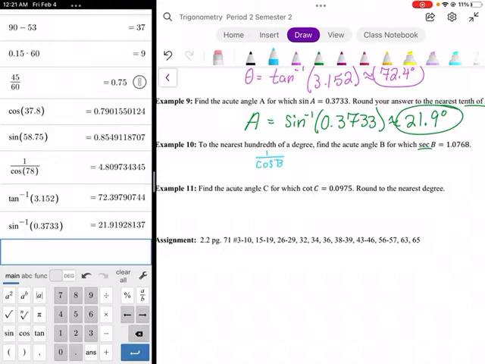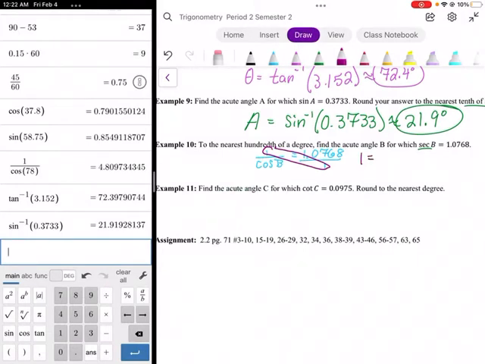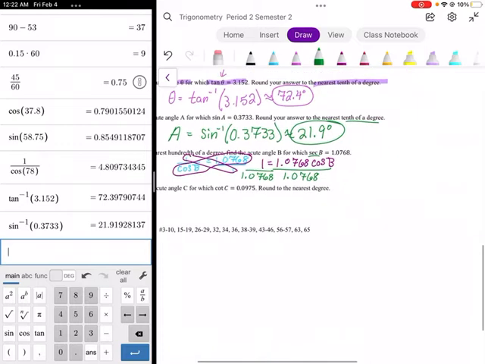And that is equal to 1.0768. So we need to get cosine of b by itself. We're going to cross multiply, and we will get 1 equals 1.0768 times the cosine of b. Then we will divide both sides by 1.0768, which will lead us to getting cosine by itself.